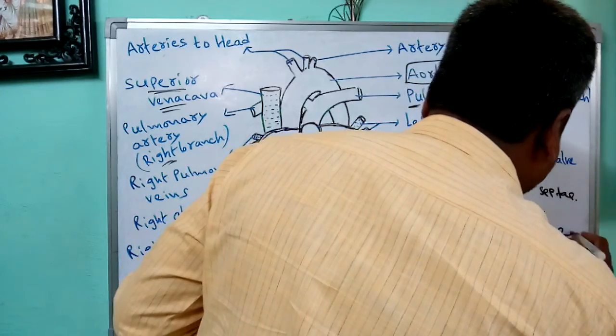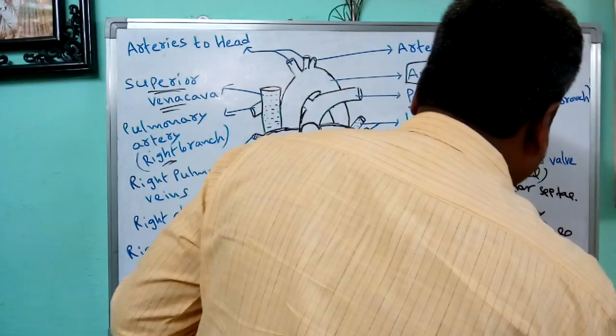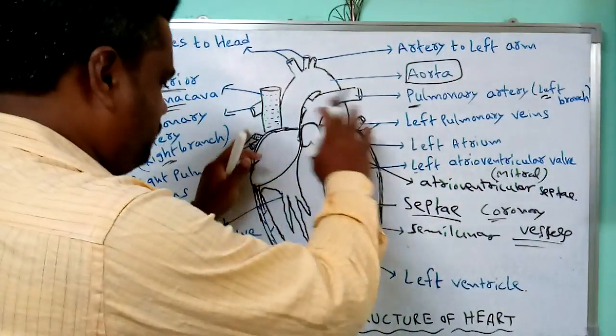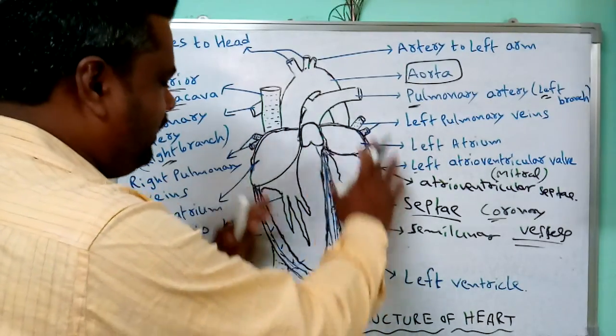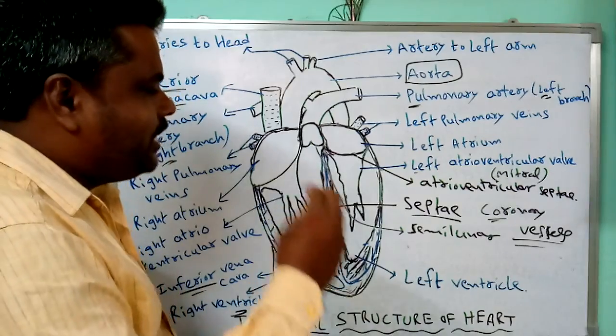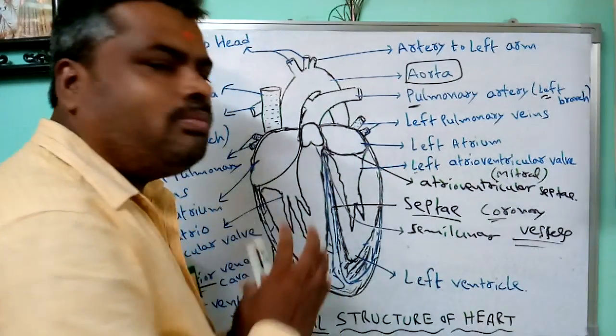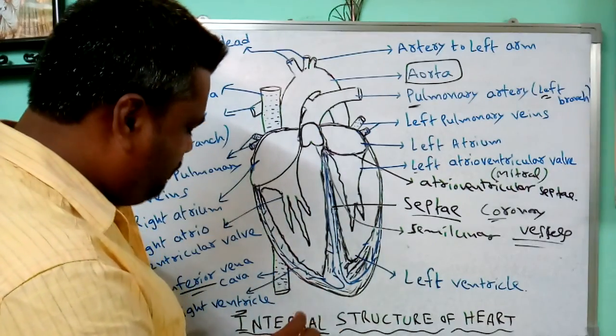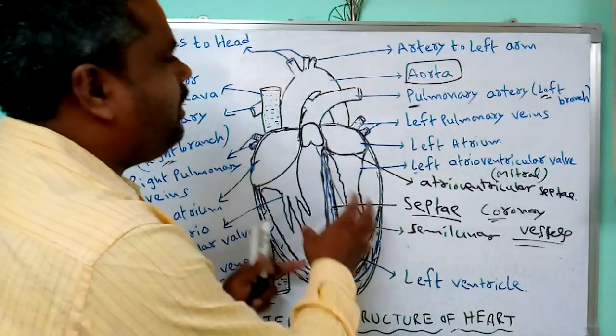Coronary arteries and coronary veins are present on the surface of the heart, which supply and receive blood from the heart muscles. So this is the simple internal structure of the heart.